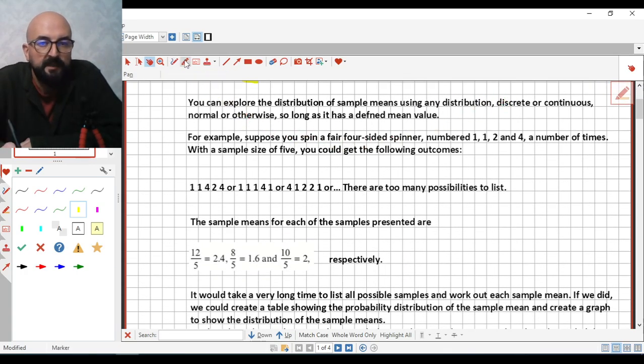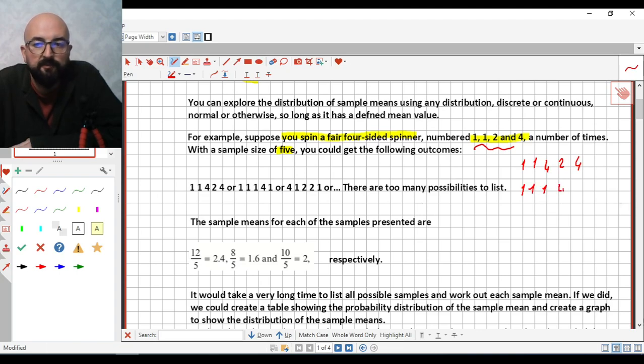For example, suppose you spin a fair four-sided spinner numbered 1, 1, 2, 4 a number of times. With a sample size of 5, you could get the following outcomes: 1, 1, 4, 2, 4, or 1, 1, 1, 4, 1, or 1, 2, 1, 4, 1, and so on.